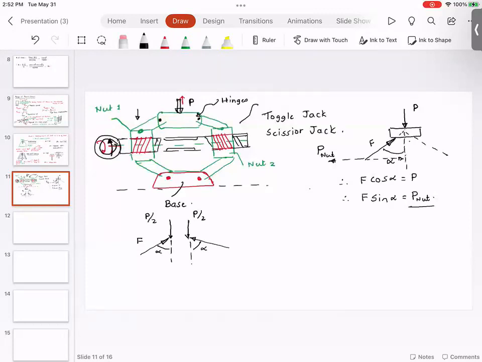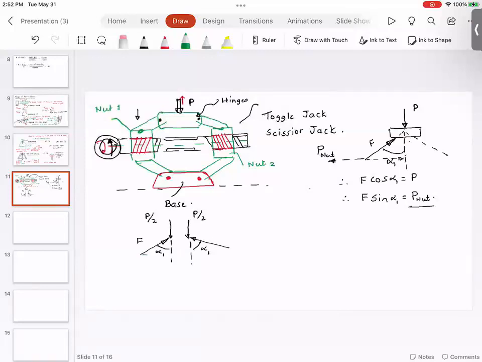And I need to be very careful. I'm going to call this alpha 1, because this is not the helix angle. So these angles need to be the same, and both of them should change by the same amount. You cannot have two different angles, otherwise that assembly would lock.